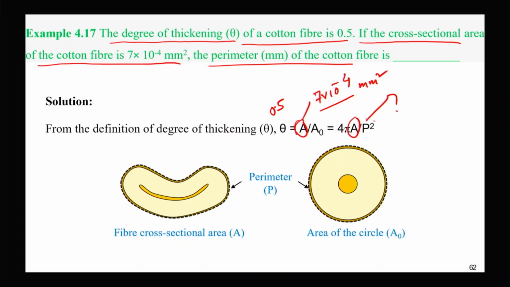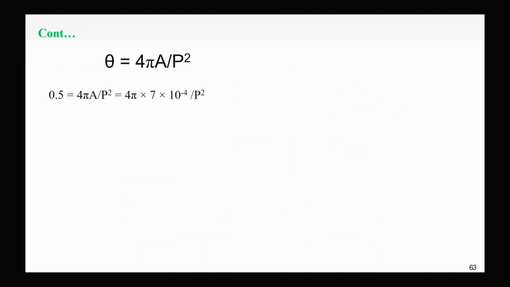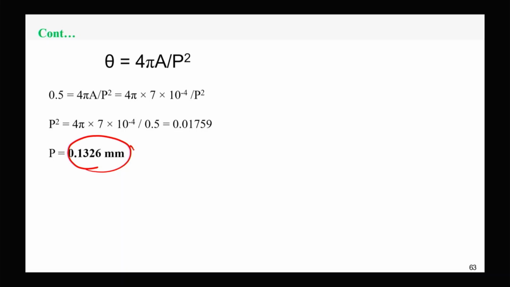Using this relationship we can calculate the p value as 0.1326 millimeter.